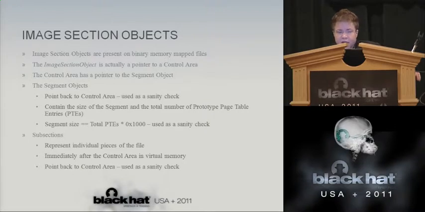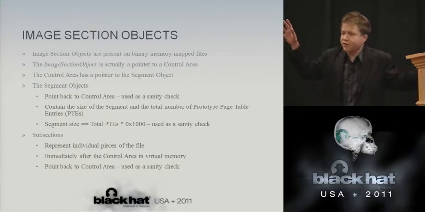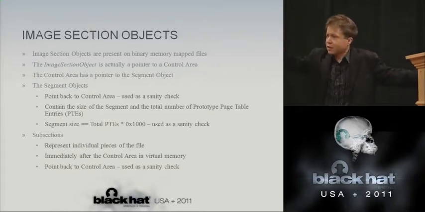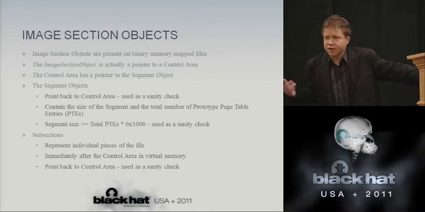Then the next thing that's of particular interest to us are what's called subsections. How many people here have opened a PE file in Lord PE or PE View or something like that? You've seen the different sections in the file. So those different sections within the file might be the .text section or the .data section, .resource section, different things like that.